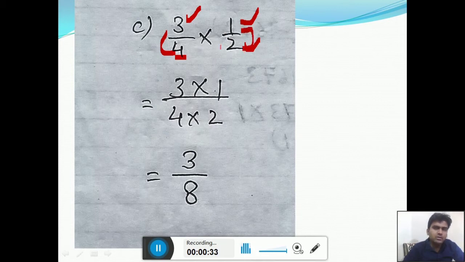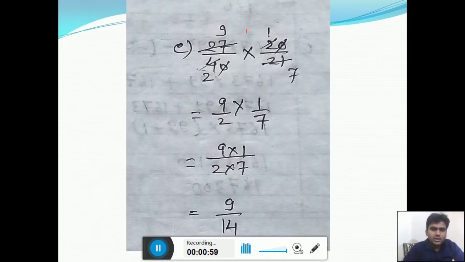So what will we do? We will do the product of the numerators and the product of the denominators. So in multiplication of two fractions, if there is no common factor, then we multiply the numerator with the numerator and the denominator with the denominator. 4 into 2 is 8 and 3 into 1 equals 3. So the answer is 3 upon 8.